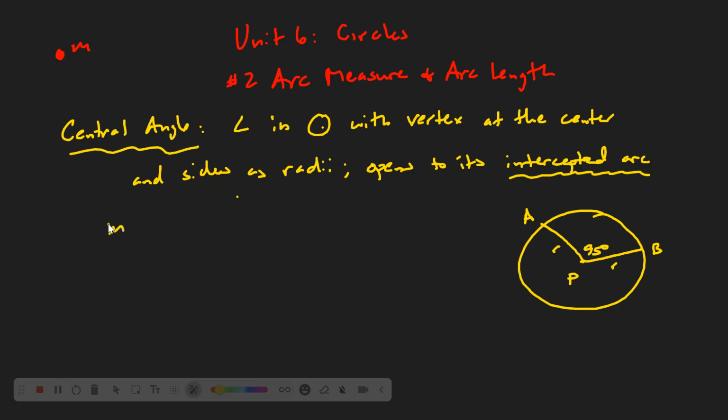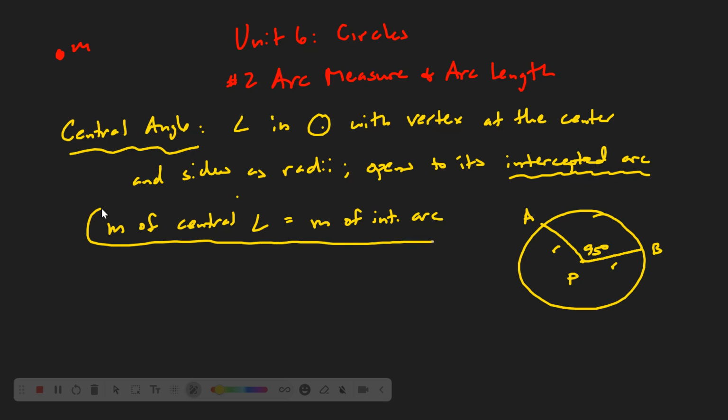So an important idea, a big important idea. The measure of the central angle is equal to the measure of the intercepted arc. This is a big one. They're both measured in degrees. So in this picture, the measure of angle APB is 95 degrees.